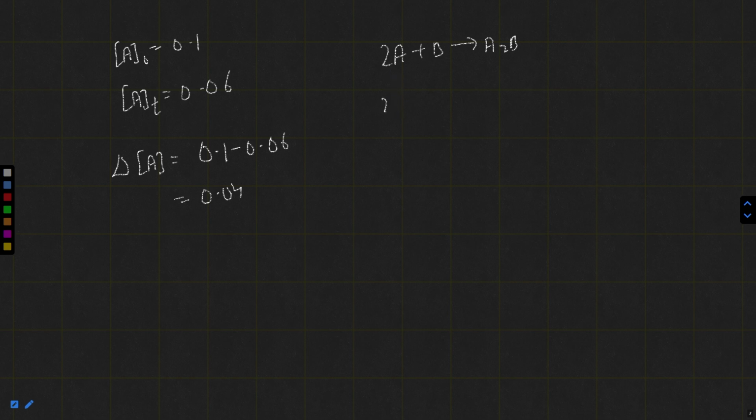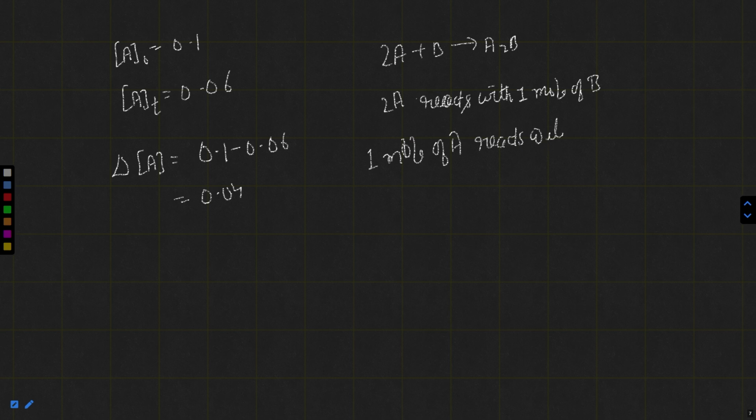Now here you can see that 2 moles of A reacts with 1 mole of B, or we can say 1 mole of A reacts with 1/2 mole of B. Now how many moles of A has reacted here? 0.04.